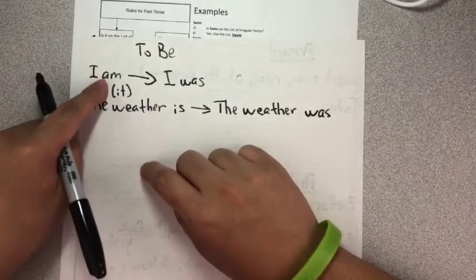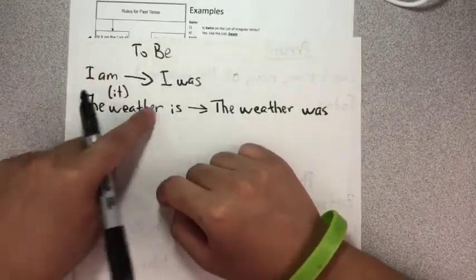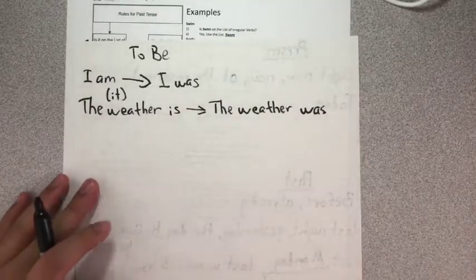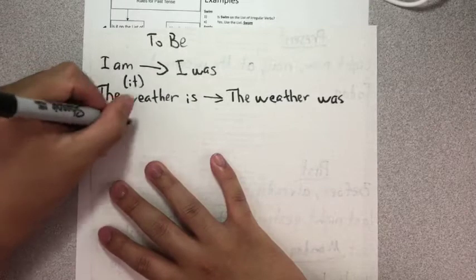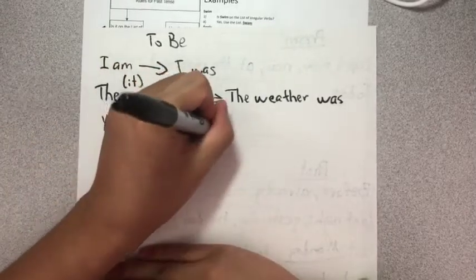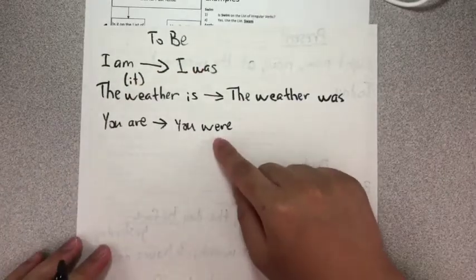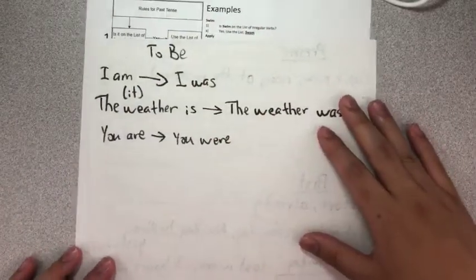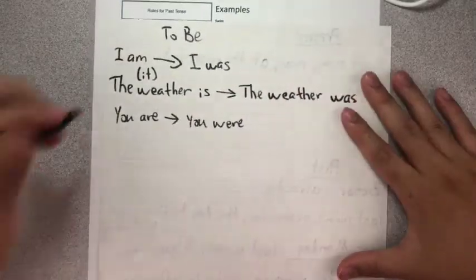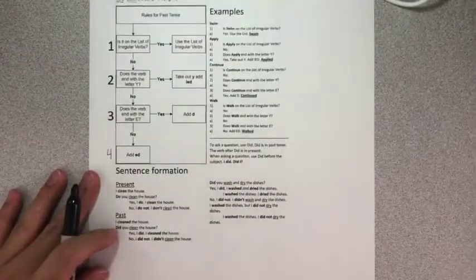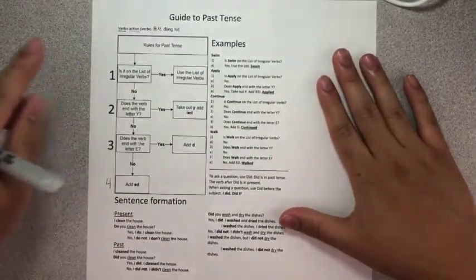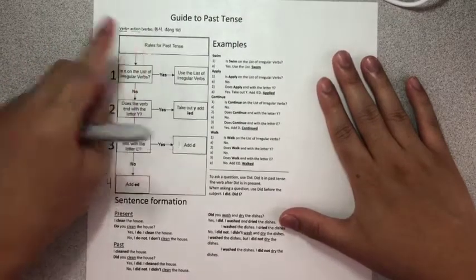So the present is I am, it is. The past, I was, it was. Or you are, you were. So you already know how to use the past with to be. We also know a lot of words in the past, but now we're going to learn them again. So let's see the rules for past tense.